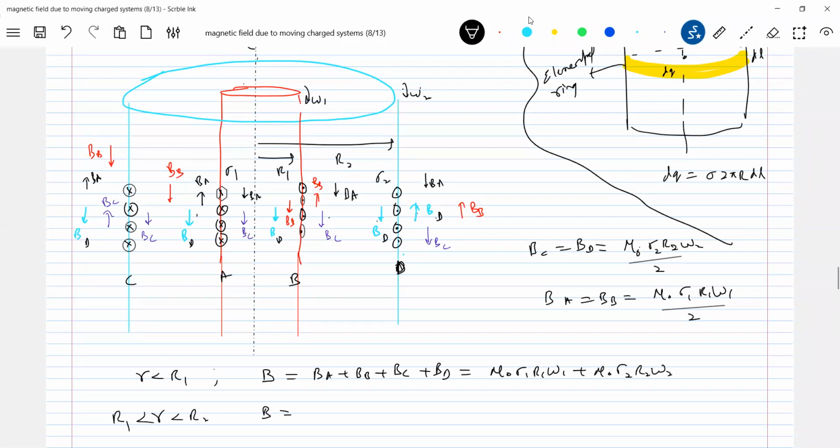Only due to C and D it will be there. You check it now. BA minus BB will come. BC plus BD. So only due to mu naught sigma 2 R2 omega 2.